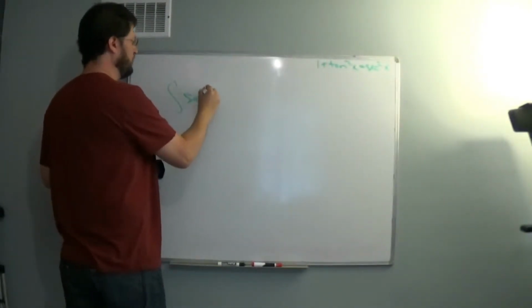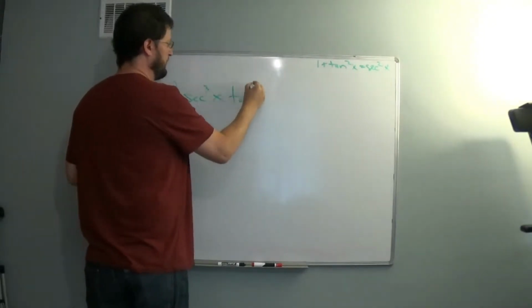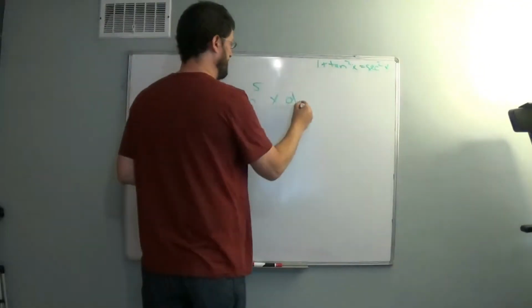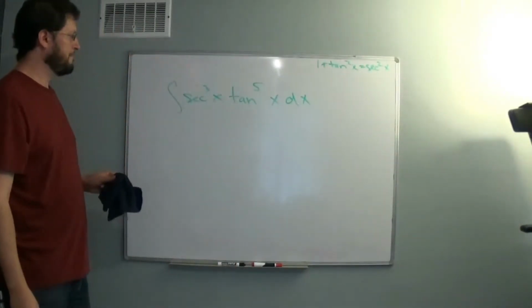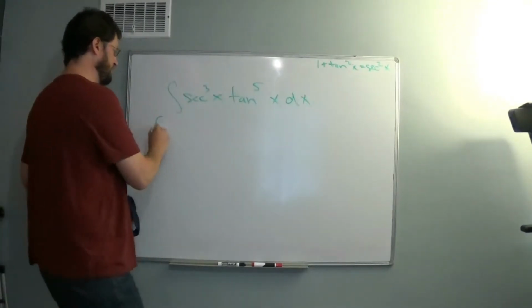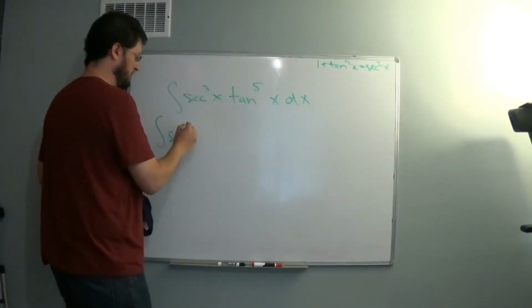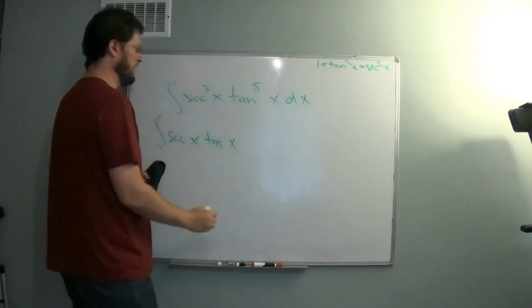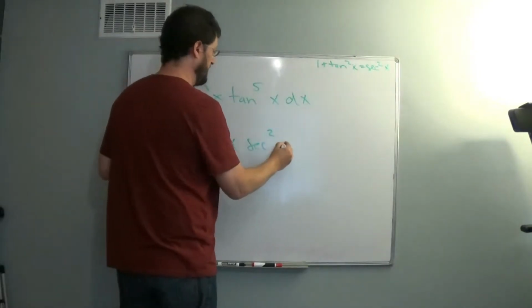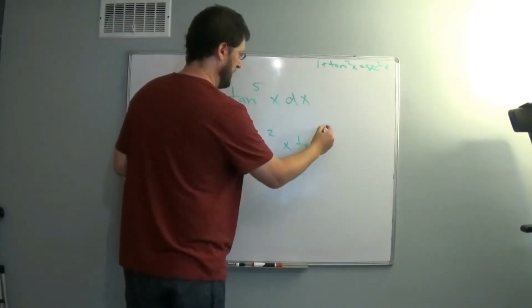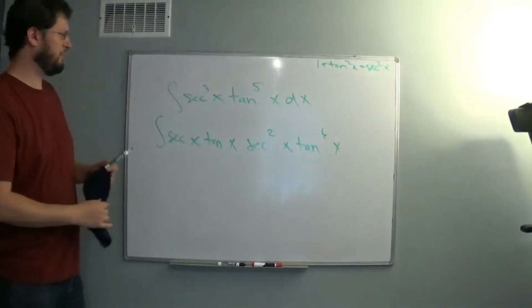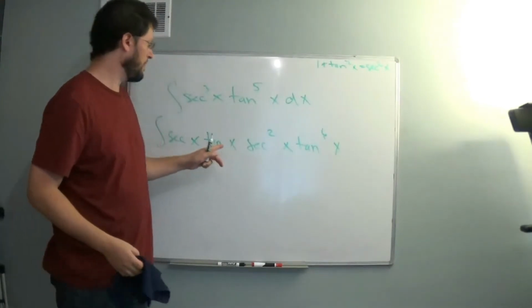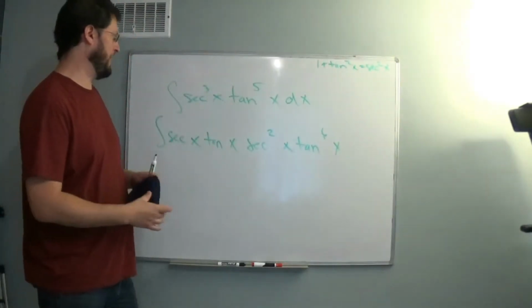If I have secant cubed x, tangent 5th x, an odd power of secants and an odd power of tangents, what we're going to do is save the secant tangent, which leaves us with secant squared tan to the 6x. Actually, let me adjust what I just said. The secant actually can be any power.